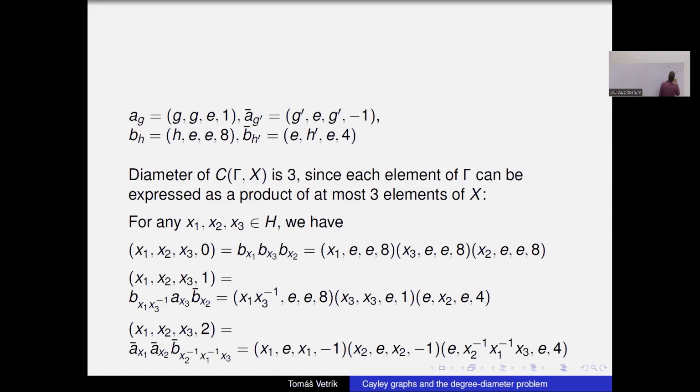So if we have this graph, and we are wondering what the diameter is. So this is the graph for the group gamma. I'm always using gamma for the group because I'm using G for graph.